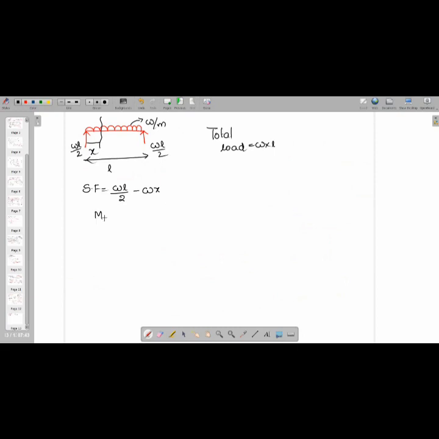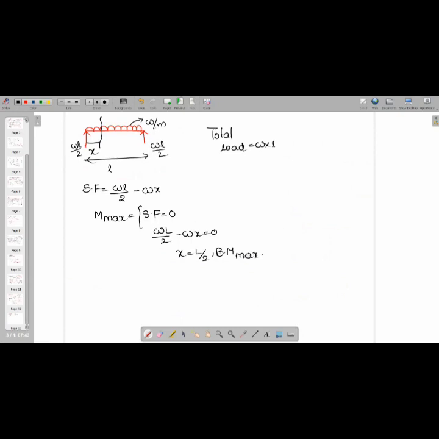So for bending moment to be maximum, the shear force should be 0. So shear force WL by 2 minus WX is equal to 0. So here you can write that at X equal to L by 2, bending moment is maximum.